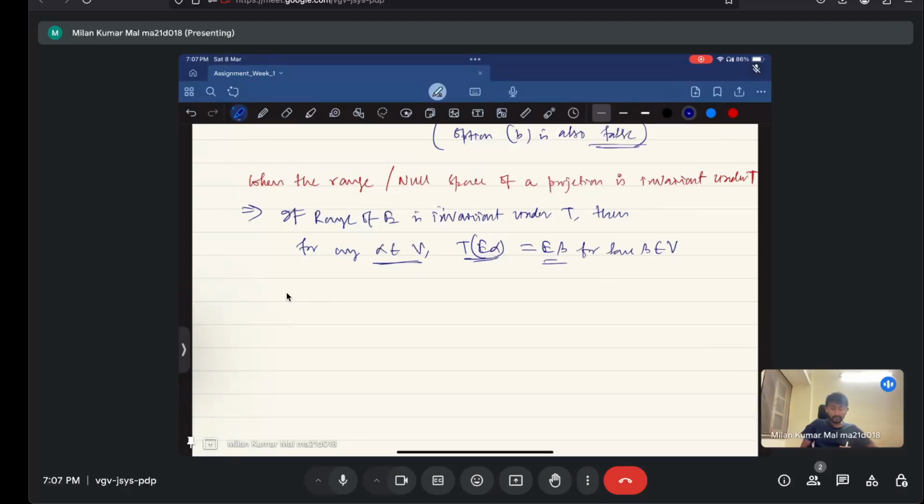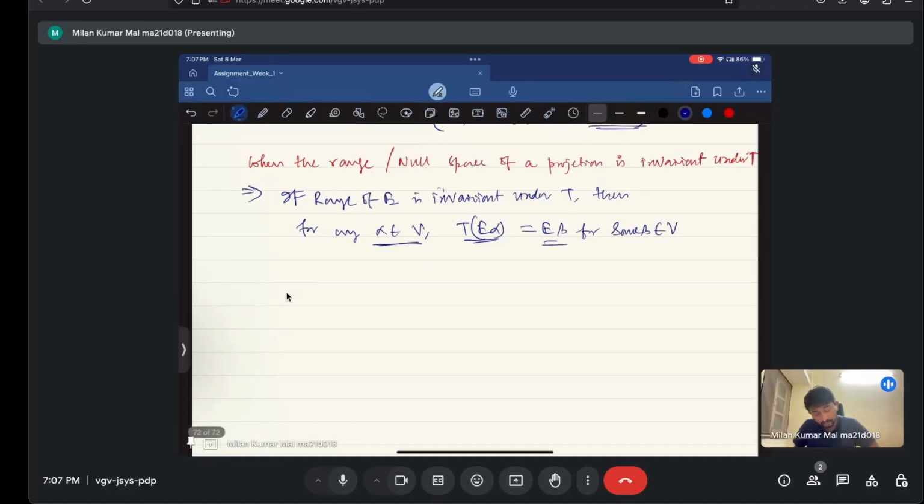That means T of E alpha is the image of some element under E, and if I assume that element is beta, then T E alpha equals E beta.